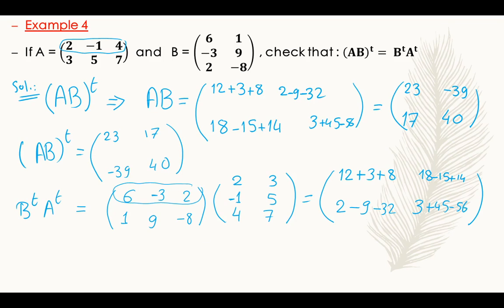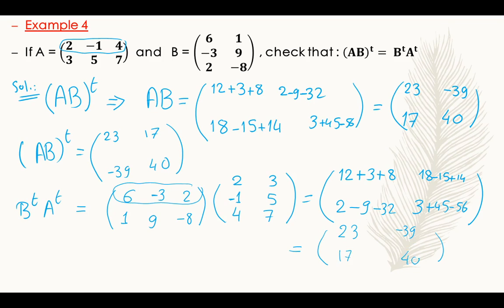Okay, as you can see, the two matrices are equal. By adding here, 12 plus 3 is 15, 15 plus 8 equals 23, and the next will be negative 39. By adding, it will be 17, and the last one will be 40.